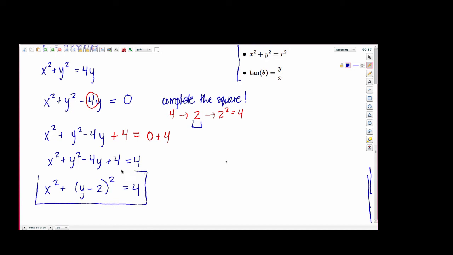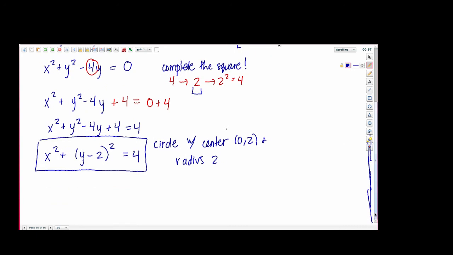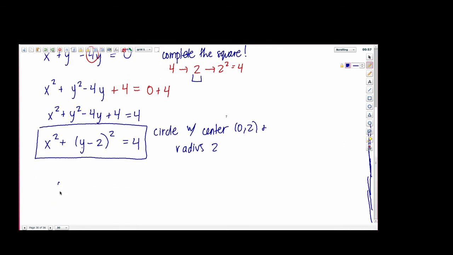So this is our Cartesian equation, and now I want you to remember this represents the graph of a circle with center 0, 2, and radius 2. So remember the general equation of a circle, we're going to need this later on, is x minus h squared plus y minus k squared equals r squared.